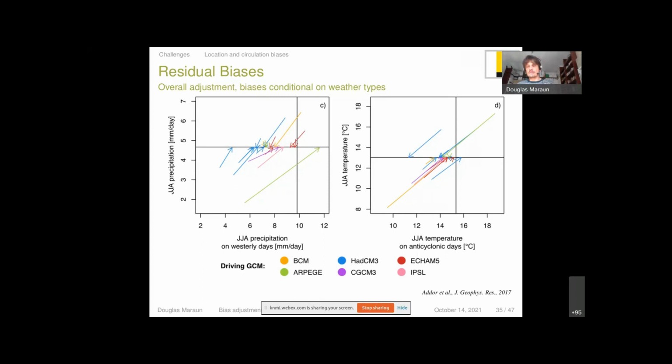And so that means westerly days typically may bring you more rain, and let's say easterly might be dry. Then you do an overall correction, which might even make things worse in some cases. Like for this model here, this here is the observation. It might even make things worse on these weather days, on these specific weather patterns.